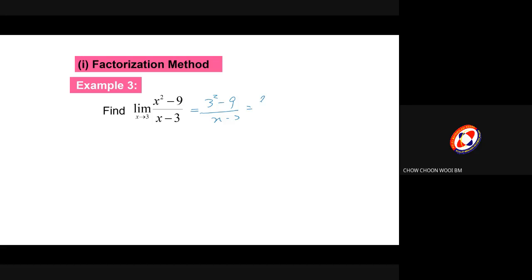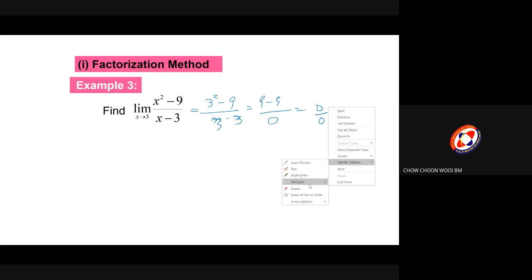Dia tengok atas 9 tolak 9, terus buat kosong. Bawah 3 tolak 3 kan. Padahal atas kosong, bawah pun kosong. You nampak tak? Nah, bila kosong per kosong, then we can either factorize it or we multiply by conjugate.